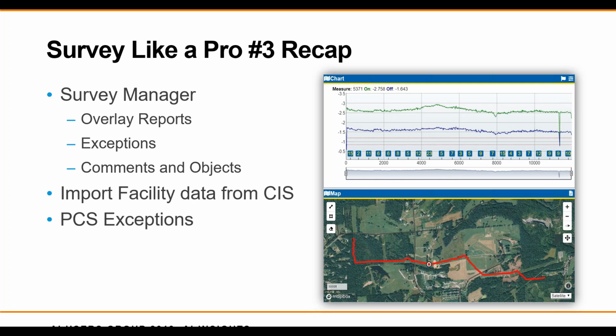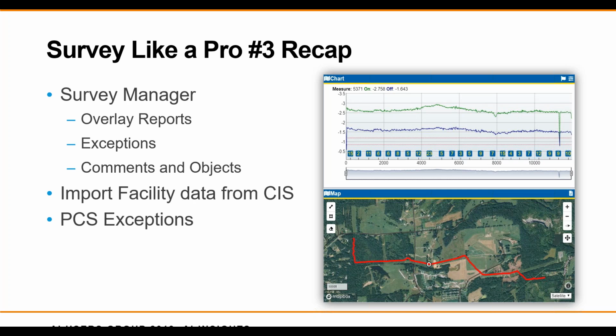It takes your chart across the top and the map across the bottom in definable sections, so you can do 1,000-foot sections, and it automatically parses those files and lines your chart and your map up. A lot of survey companies do it, but you can imagine how much time it would take to narrow down to those 1,000-foot sections on a chart and then on a map and make sure it's all lined up with your comments, with your waveforms. All you have to do is click a button in Survey Manager.